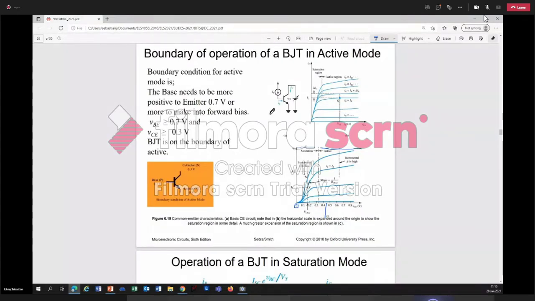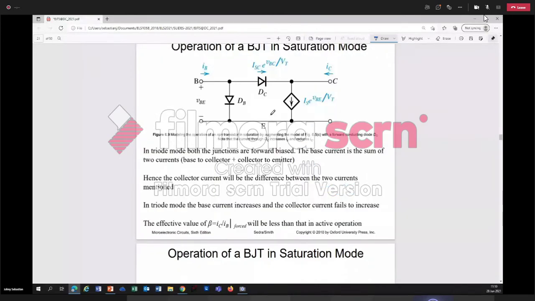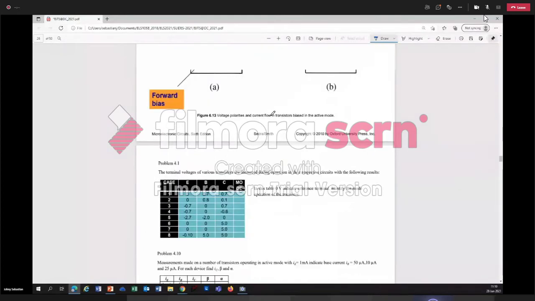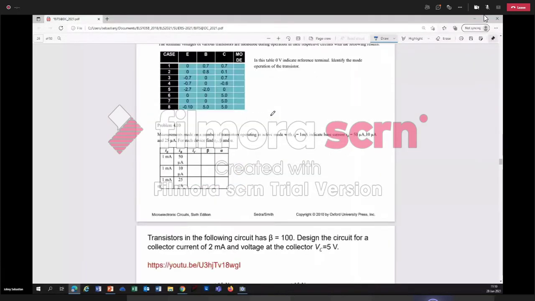So I'm going to move on unless there are questions. I have asked everyone to work out this problem.